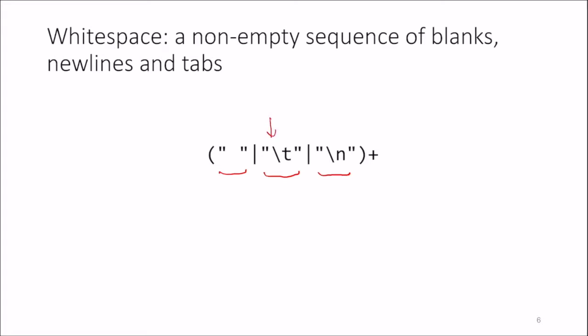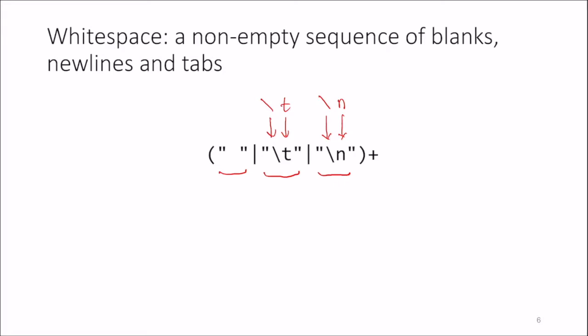So this is a backslash, and this is a T. That's actually defined using 2 characters, a backslash and a T, instead of literally putting a tab character in it, right? And the same way here, this is 2 characters, backslash and N.